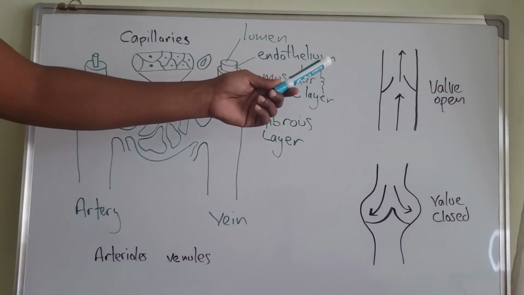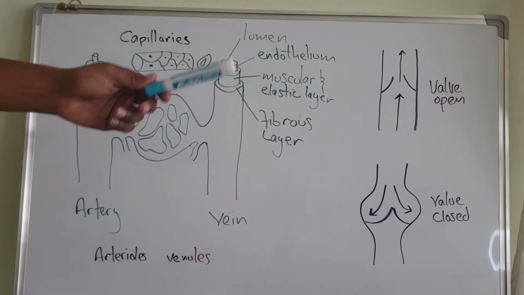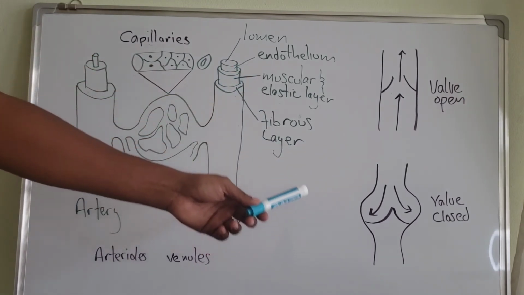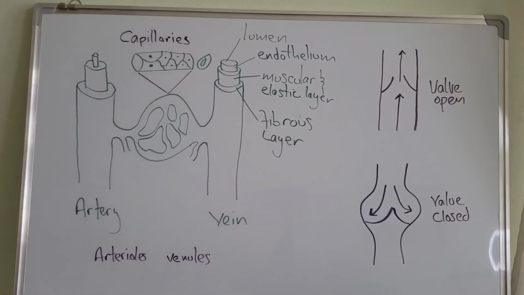When the blood is flowing towards the heart, the valves open, and there's free flow of blood. If for some reason the blood tries to go back, whether by gravity or some other force, the valves will close, preventing the blood from going back. So that combination of muscle contraction and the valve system is what propels blood through the veins.